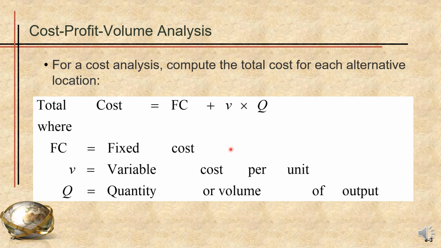Cost-profit volume analysis is an easy technique in evaluating different alternative decisions, provided you have your fixed cost and your variable cost. So in actual, it necessitates the analysis of the behavior of your different costs and expenses, whether they are fixed or they are variable.